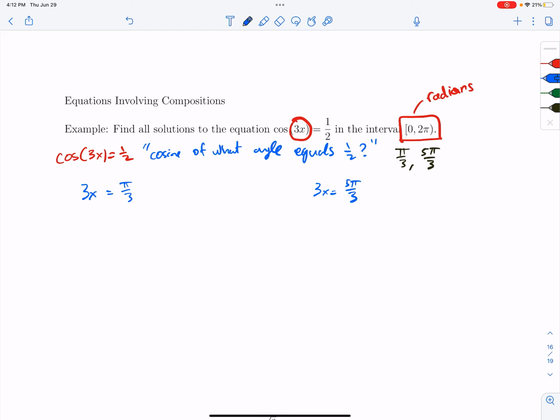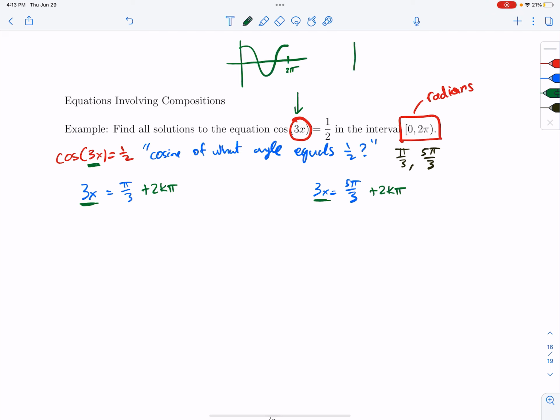Now what we need to do for these types of equations, anytime we have a composition like this, so 3x here, is add 2k pi to each of these. We include this general term because, if you think back to what the graph looks like, if I have the original cosine graph, it looks like that up to 2 pi.